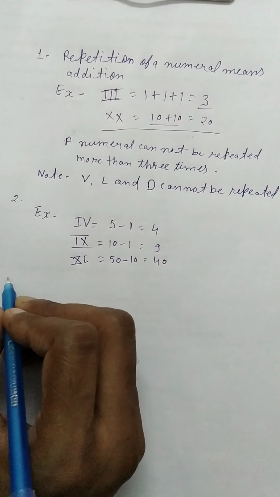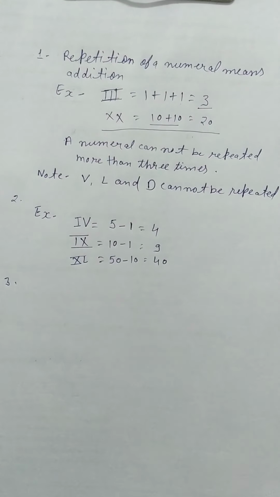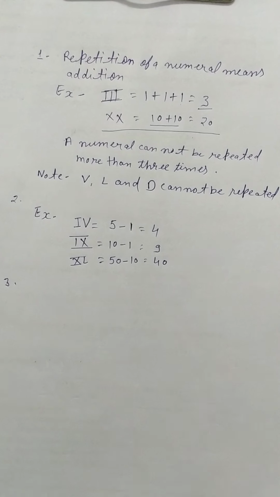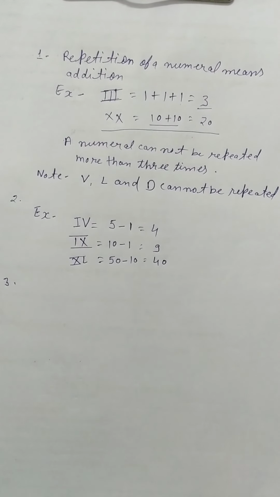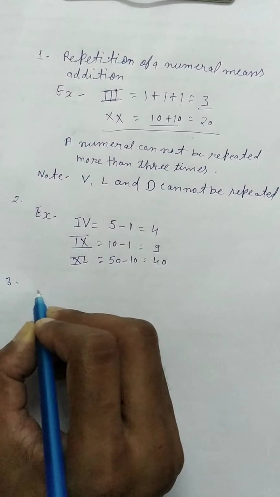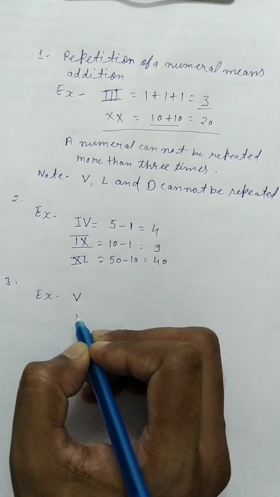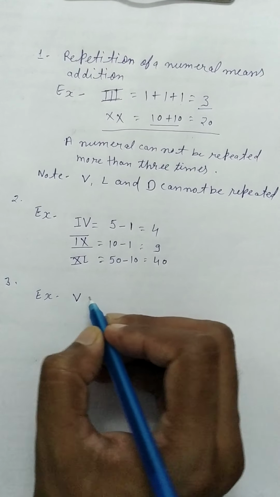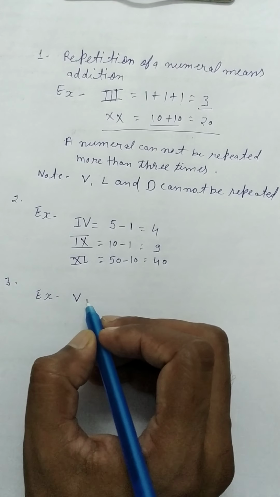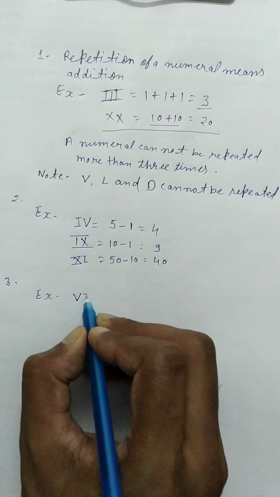Rule third is, if a symbol with a smaller value is written after a symbol having a greater value. Example: if a symbol with a smaller value is written after a symbol having a greater value, right?